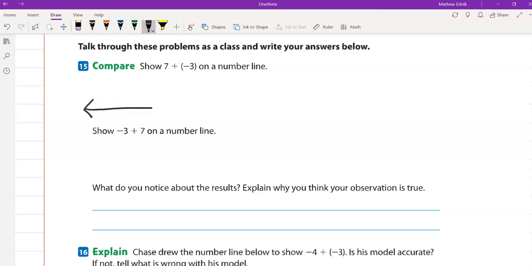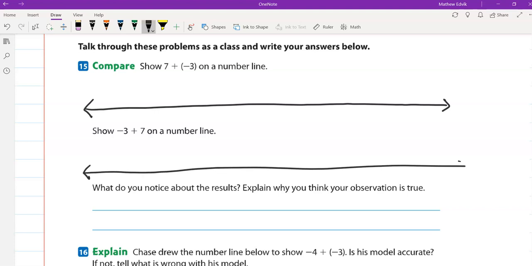So we're going to go here and make them plenty big, go along the page here, and we're going to put 0 here and say 1, 2, 3, 4, 5, 6, 7, 8, 9, 10, and negative 1, negative 2.